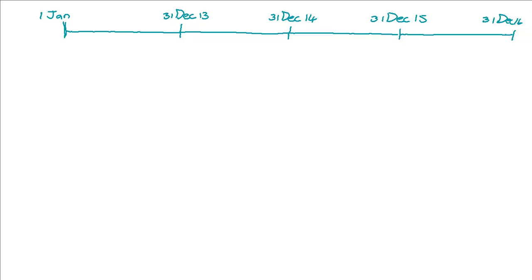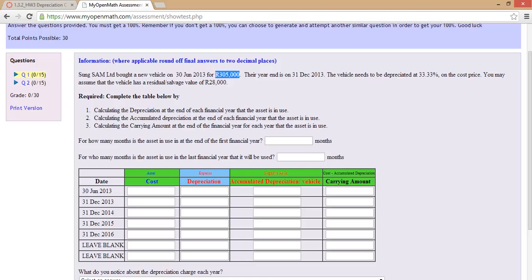Now you may be thinking, why on earth have I got 4 years here when the question said that the assets should be depreciated at 33.33% on the cost price. Remember, it's this on the cost price that tells us that we need to use the straight line method.